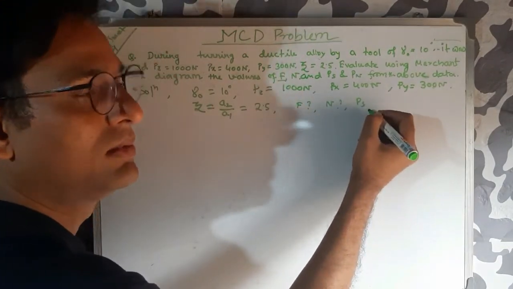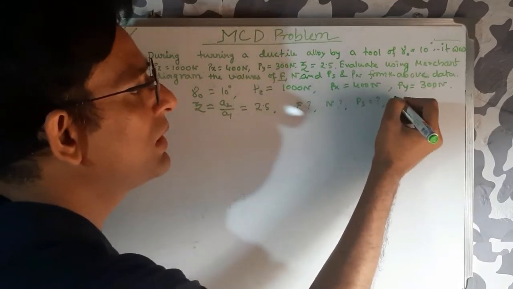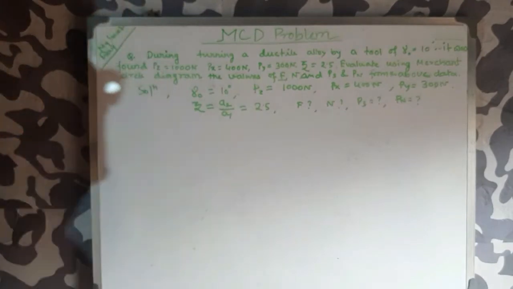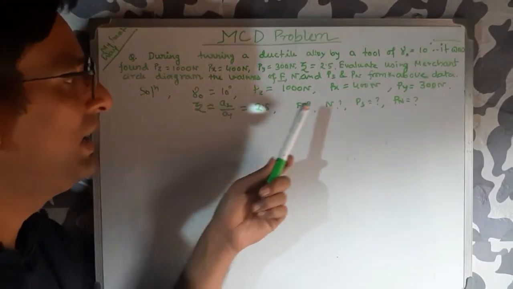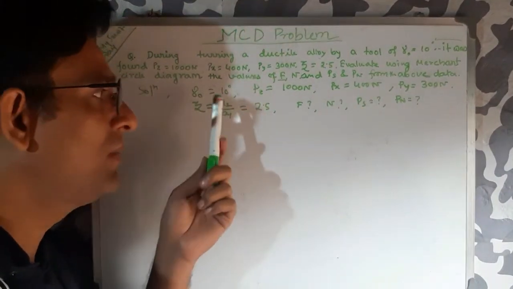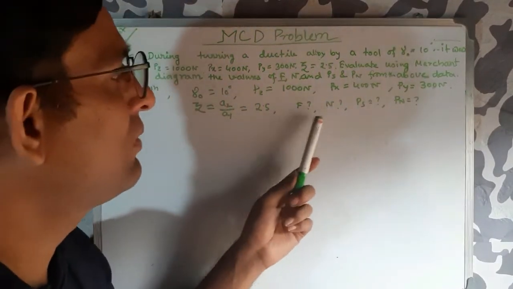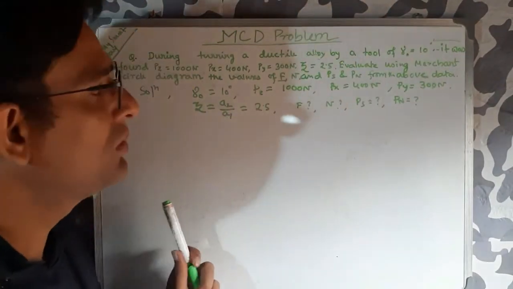Ps means the shear force, and perpendicular to the shear force is Pn. So only three forces are given: the main cutting force Pz, and Px and Py. From these you have to find the frictional force, normal force, shear force, and the force perpendicular to the shear force.